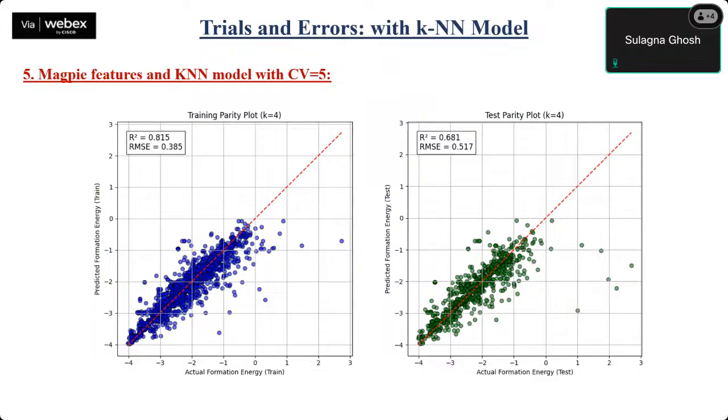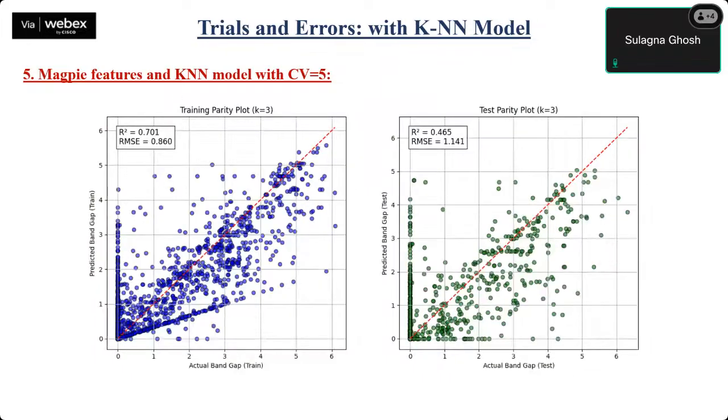But here, for both the formation energy and the band gap, the R square value decreased.